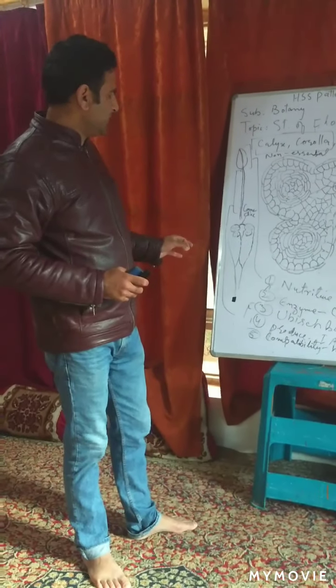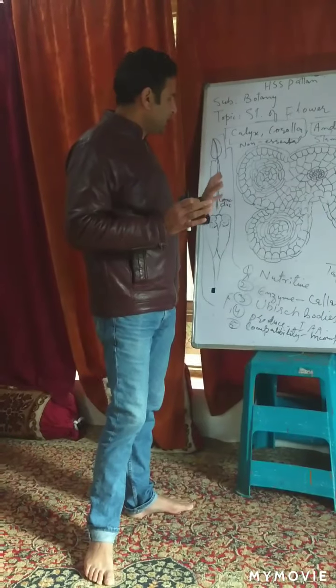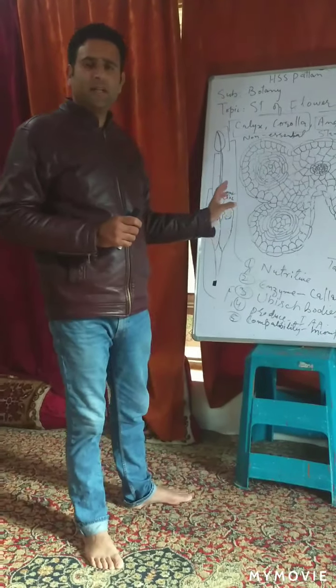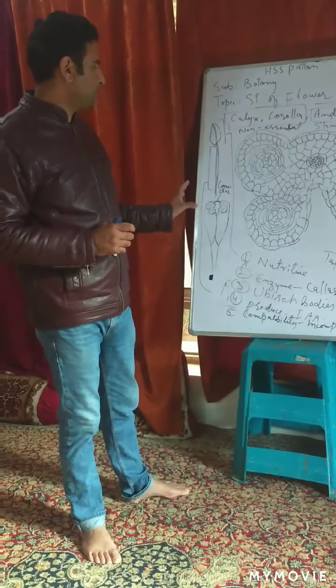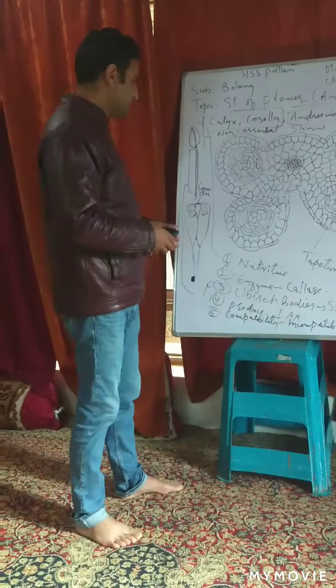So with this, we understood the function of tapetum and the different wall layers that are there in each microsporangium. Now let's try to understand something about sporogenous tissue.